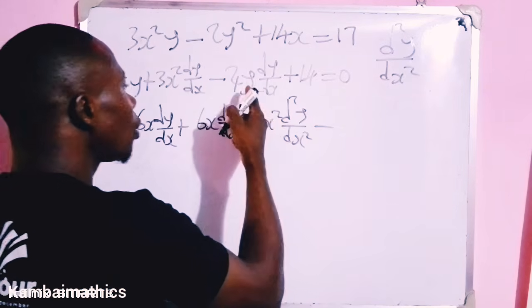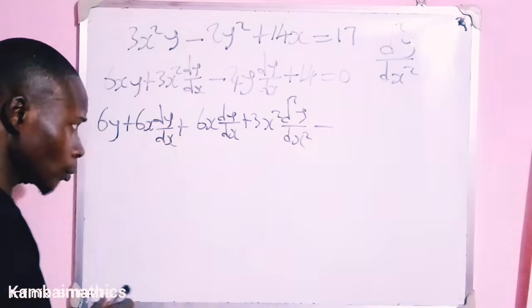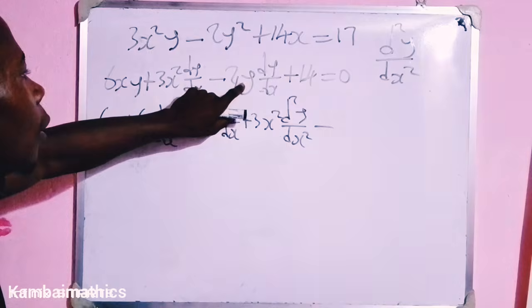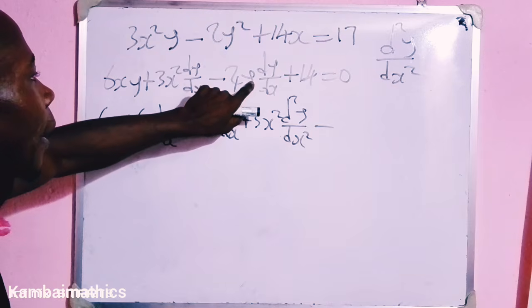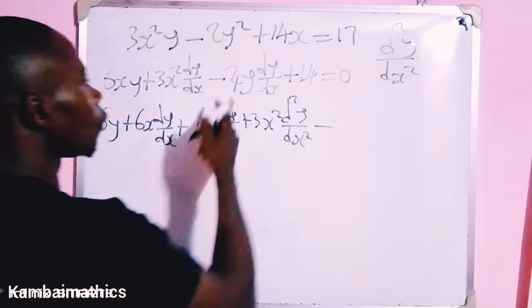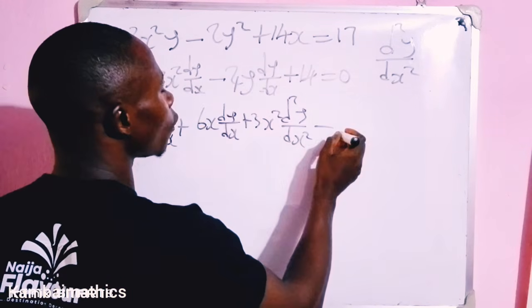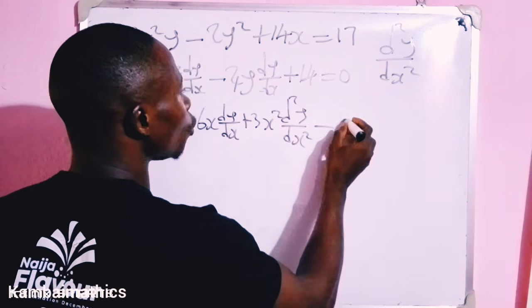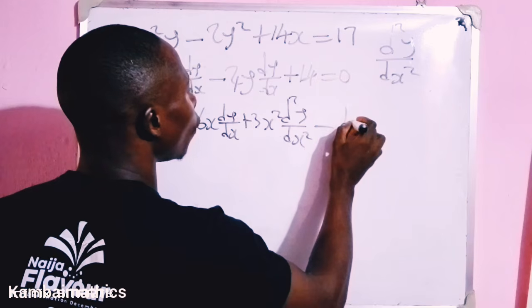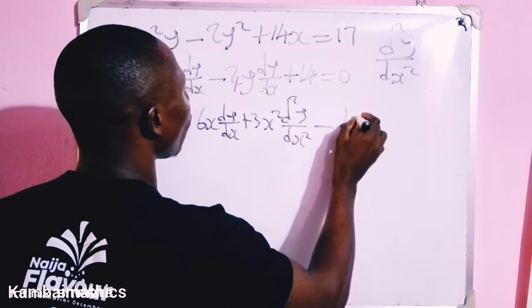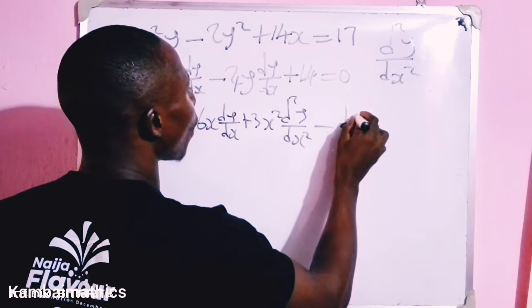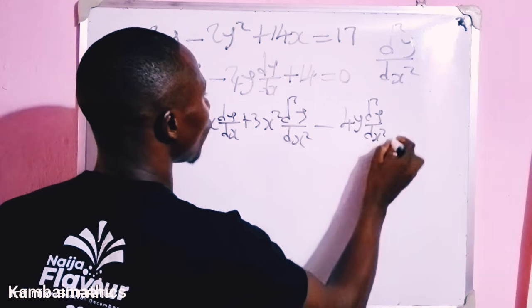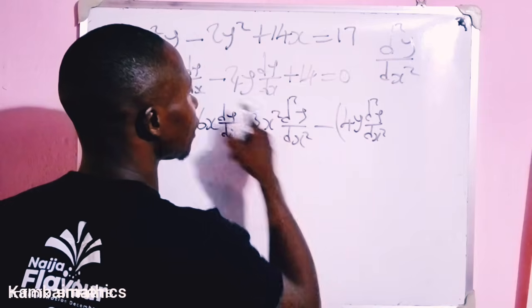Now, when you look at this, when you check here, we have y here, we have dy/dx here. So when you differentiate 4y, it will be the same thing as 4y d²y all over dx² in bracket, since there is minus here.